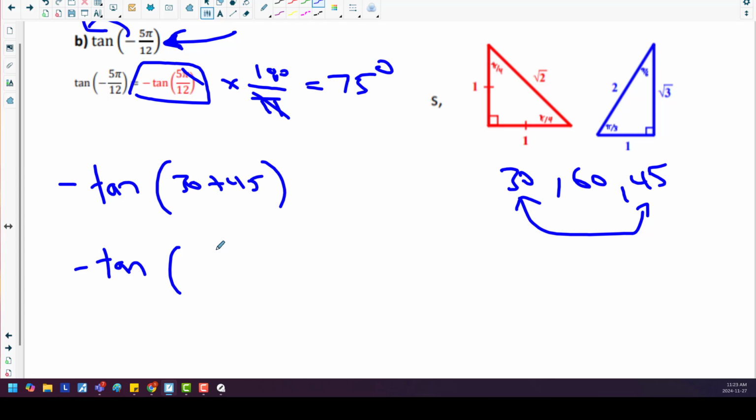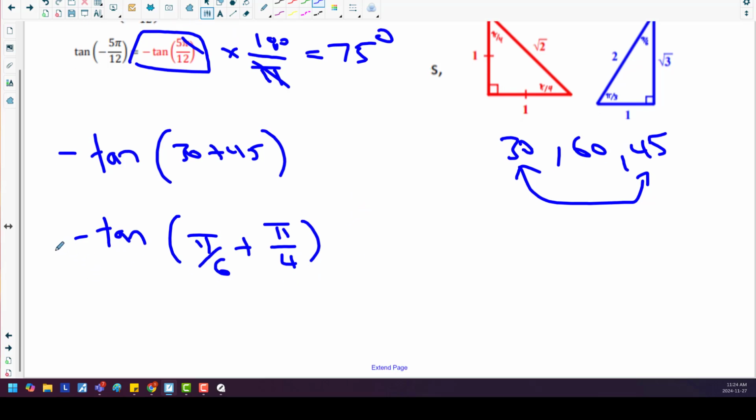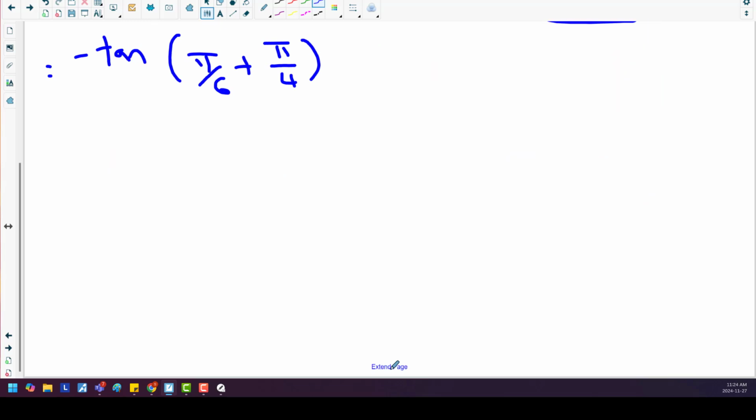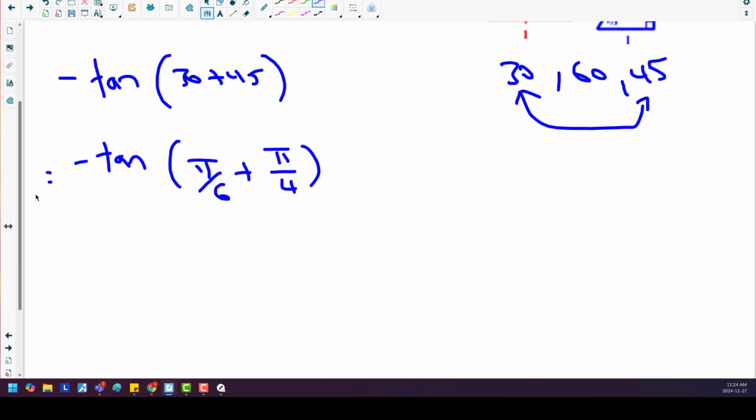So 30 degrees is the same thing as pi over 6, I believe, and 45 is pi over, I'm blanking out now. Is it 4? Yeah, that's right. Okay, so we've now changed it into terms of radians.